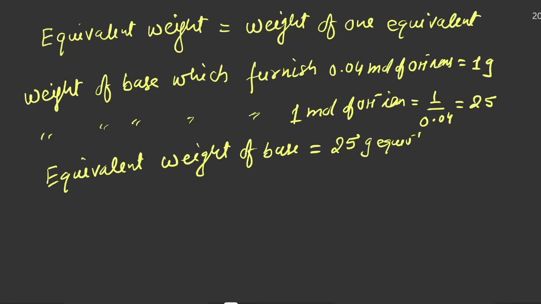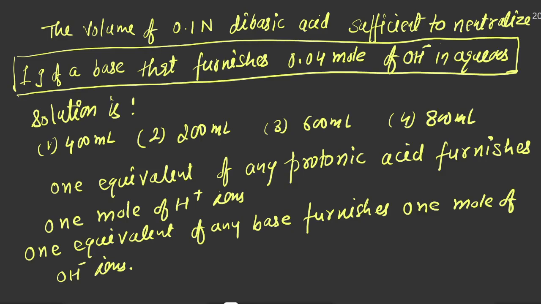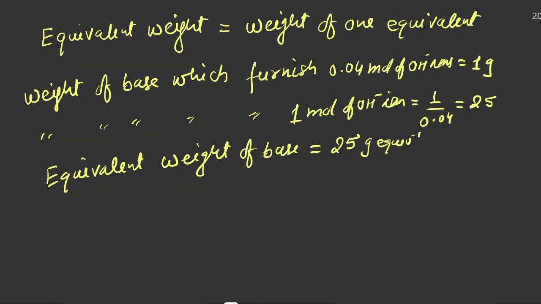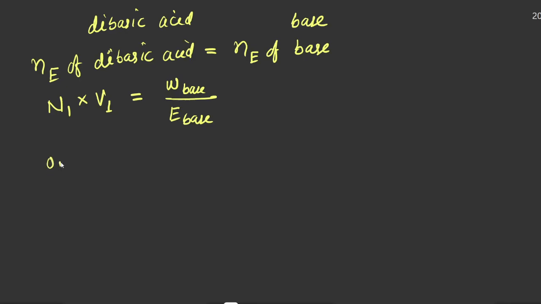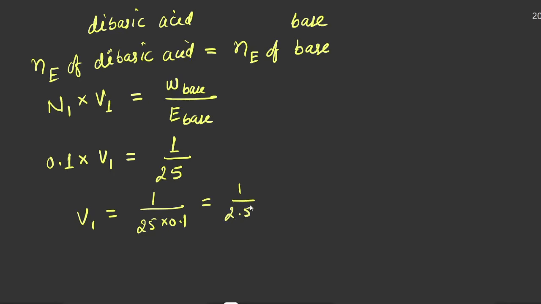Normality is 0.1. Volume you have to calculate. Weight of base is 1 and equivalent weight is 25. So volume comes out to be 1 upon 2.5 into 0.1, so it is 1 upon 2.5.